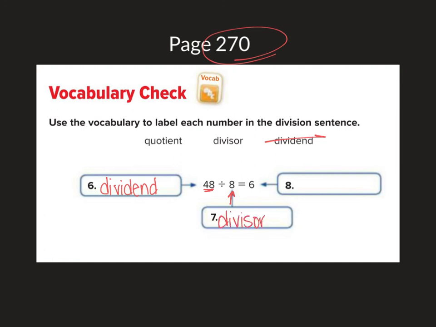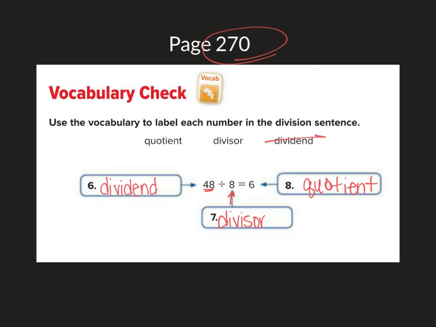Now, the big one that you always need to make sure you're practicing and remember is the answer to a division problem is called the quotient. Q-U-O-T-I-E-N-T. Quotient, the answer to a division problem.